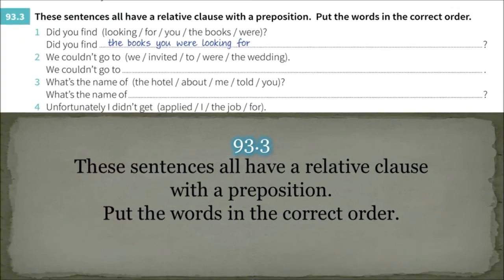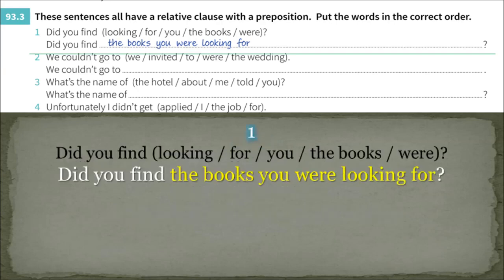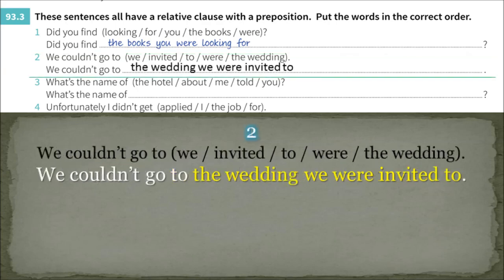These sentences all have a relative clause with a preposition. Put the words in the correct order. Did you find the books you were looking for? We couldn't go to the wedding we were invited to.